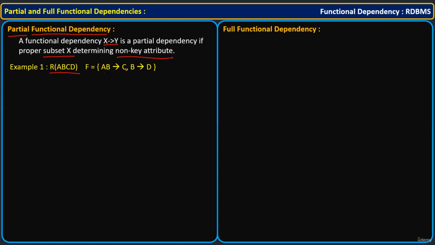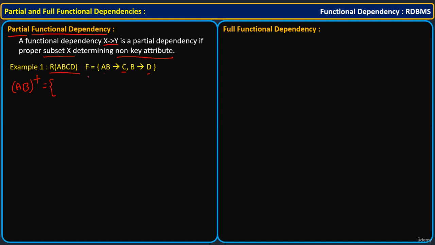We already practiced a few examples of how to find the candidate key. So in the RHS, whichever attributes are not there, let us take them first. Here A is not there, B is not there. Let us take AB and try to find the AB closure.